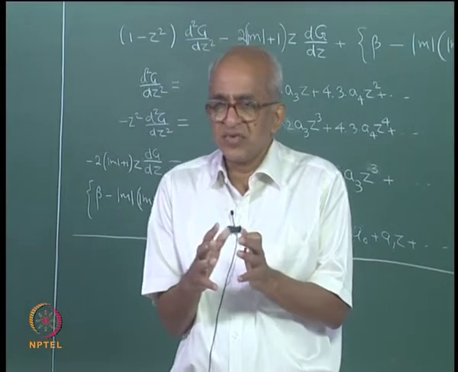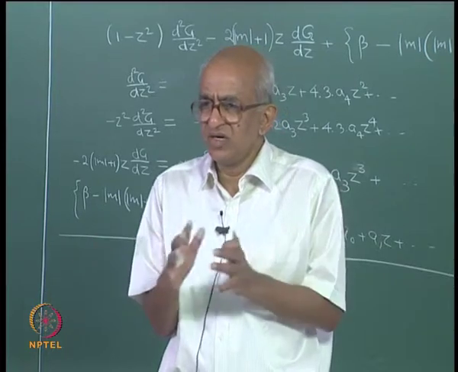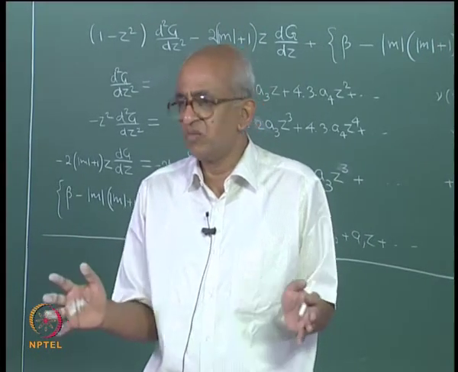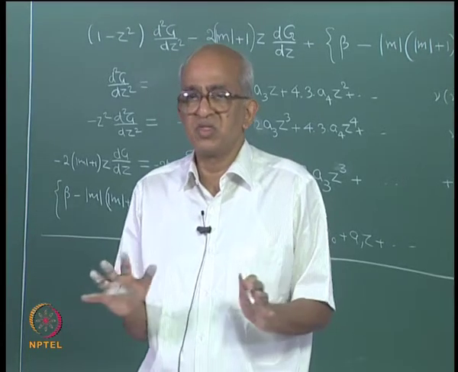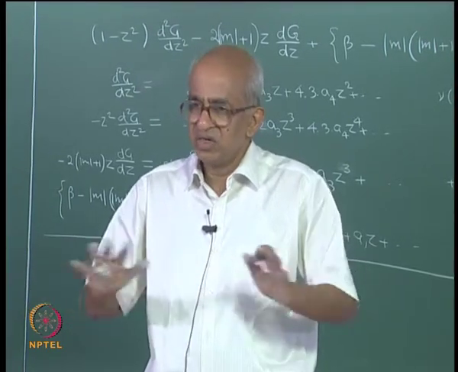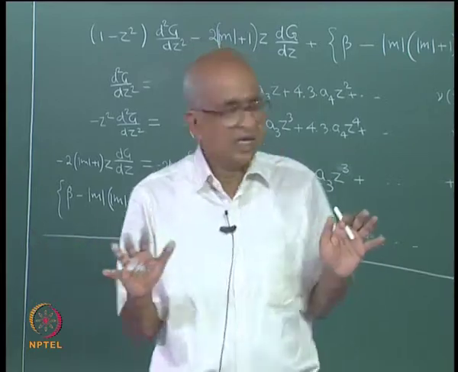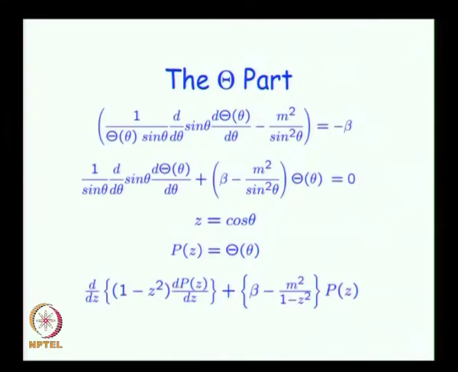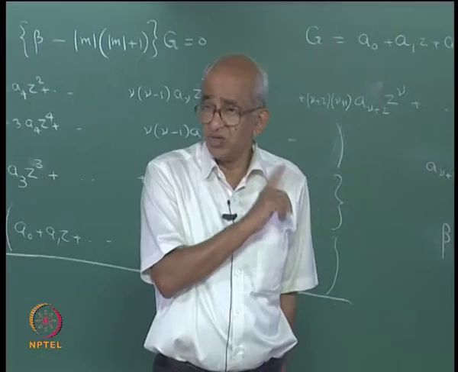When we had this differential equation, the value of beta we did not know what it was, but now we find that beta has to be equal to L into L plus 1, then only we will get acceptable solutions, otherwise we do not get acceptable solutions. And when beta is equal to L into L plus 1, you can now replace this beta with L into L plus 1, where L is an integer greater than or equal to magnitude of m.